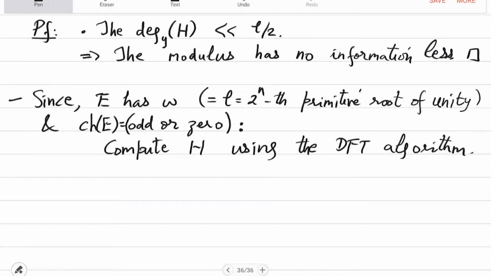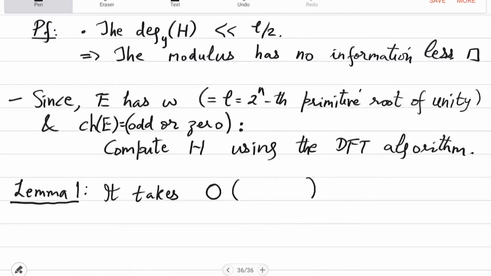So that will immediately give you the complexity, let's call it a lemma. The time taken is how many E operations? Let us first talk in terms of E operations because it is easier. You can directly invoke the previous theorem.